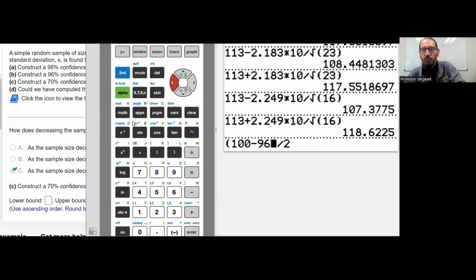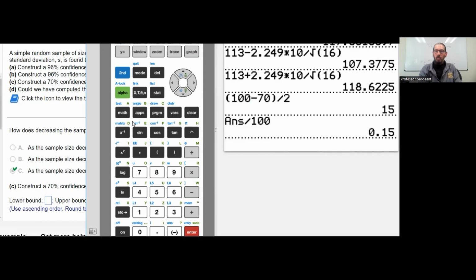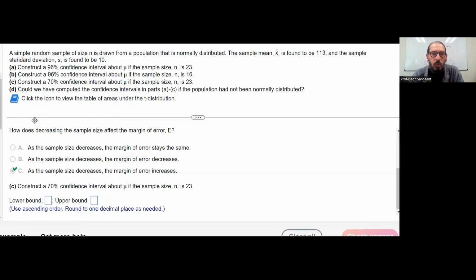That's going to give me 15. And of course, that's as a percent. So dividing by 100%, got the same quantity represented, but I've taken 15% and turned it into a pure decimal. So I'm going to be looking at the 0.15 column and the 22 degrees of freedom row.